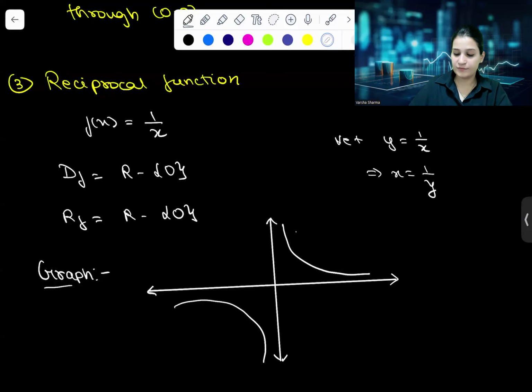This is the graph of f of x equal 1 by x. Any problem? No, ma'am.